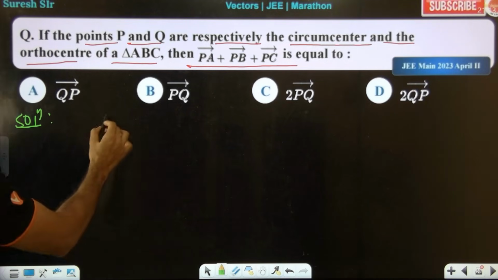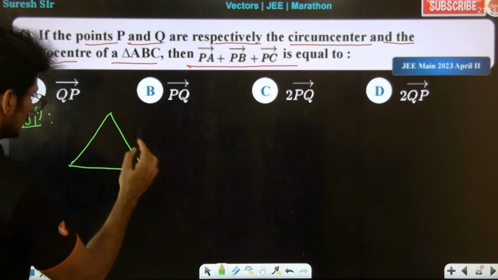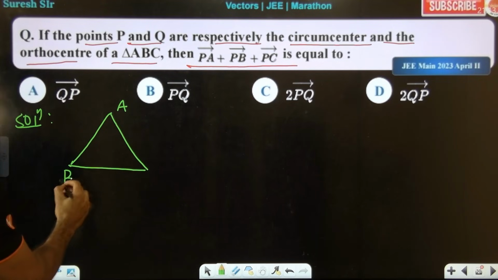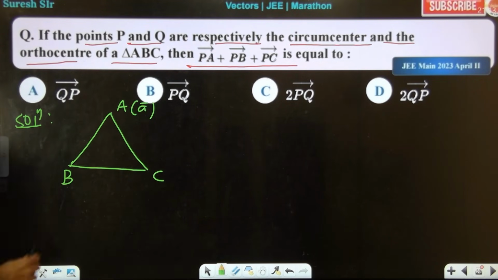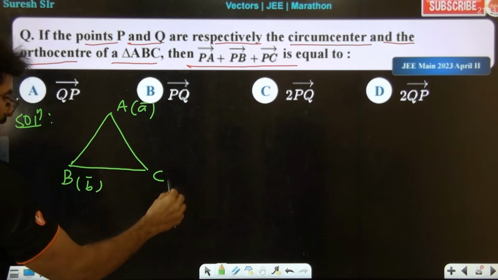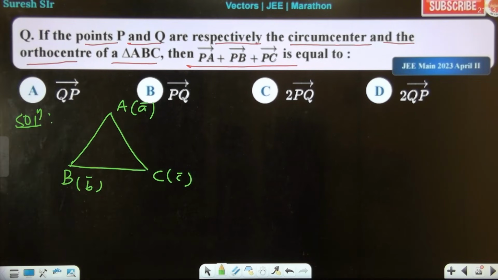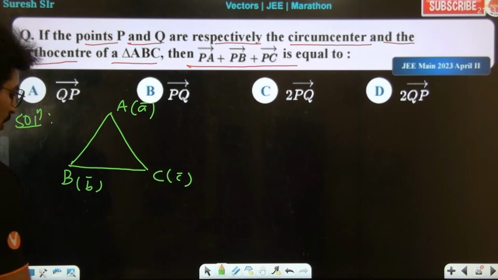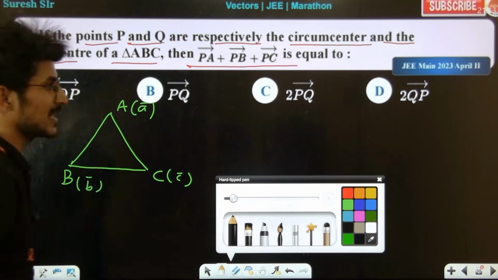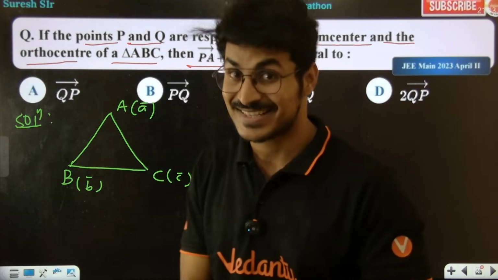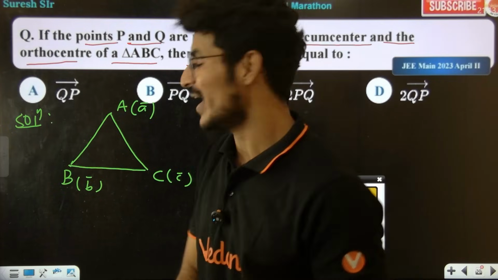Let me draw one triangle like this. A, B, C. Let us take position vector of A as a, B as b, and C as small c. Any doubts? Now, I have a doubt. P and Q are basically circumcenter and orthocenter. One beautiful logic I'll tell you guys.